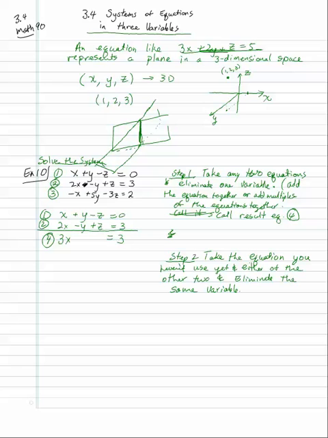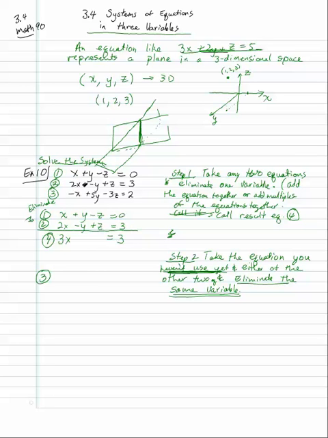Okay, step 2. Take the equation you haven't used yet and either of the other two equations and eliminate the same variable. So we've got to meet both those conditions. To get equation 4, we used 1 and 2, so we have to use equation 3, and we have to get rid of z, because I was eliminating z.